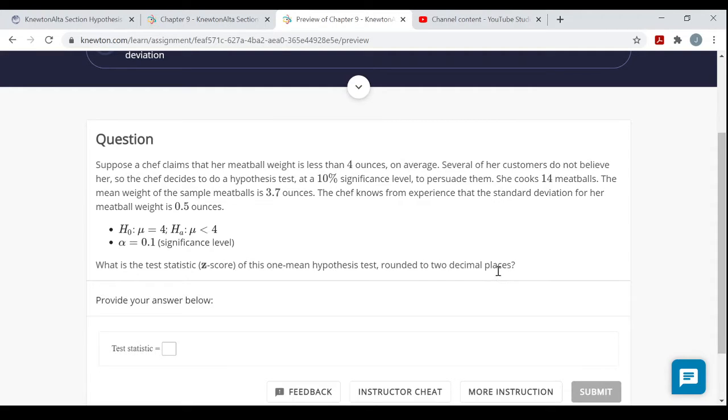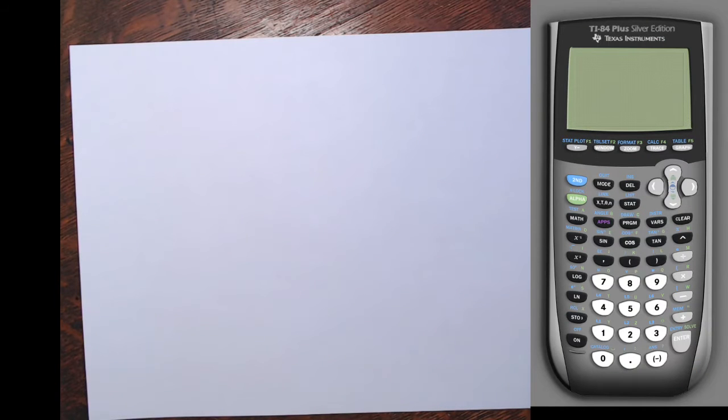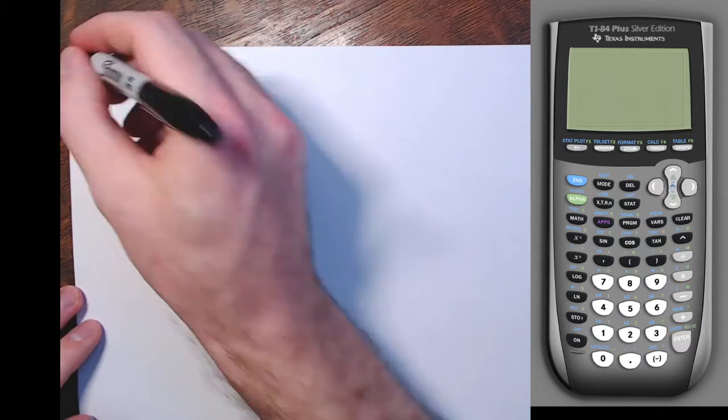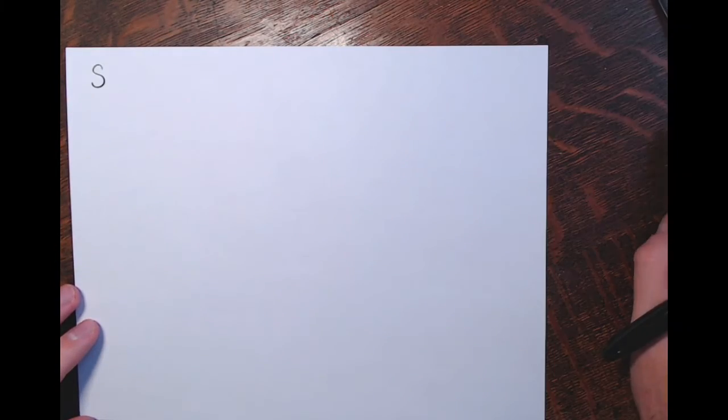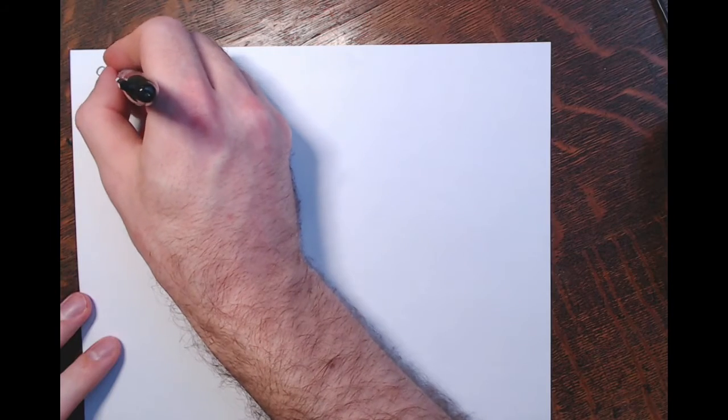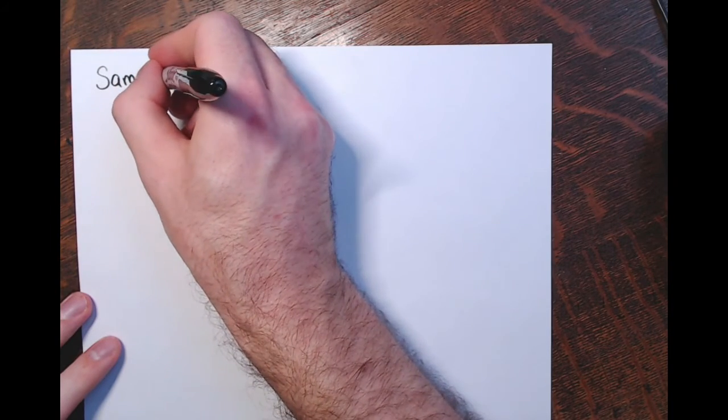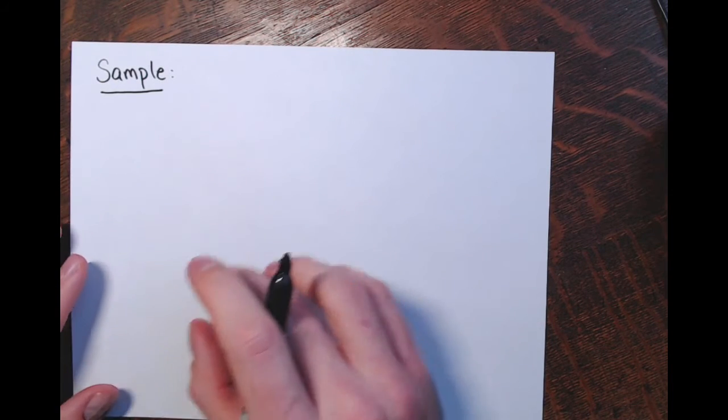Then they're asking, what is the test statistic, the z-score of this one mean hypothesis test, rounded to 2 decimal places? I'll pull up a piece of paper here, and now let's take a look at our sample. We had a claim, set up hypotheses, and stated the significance level.